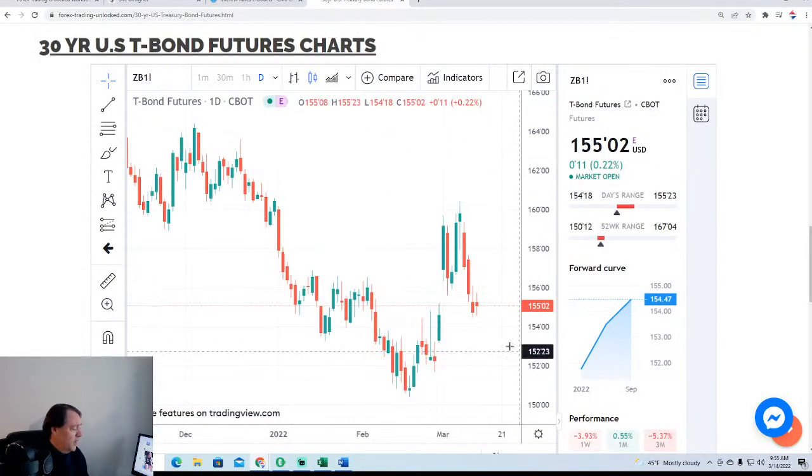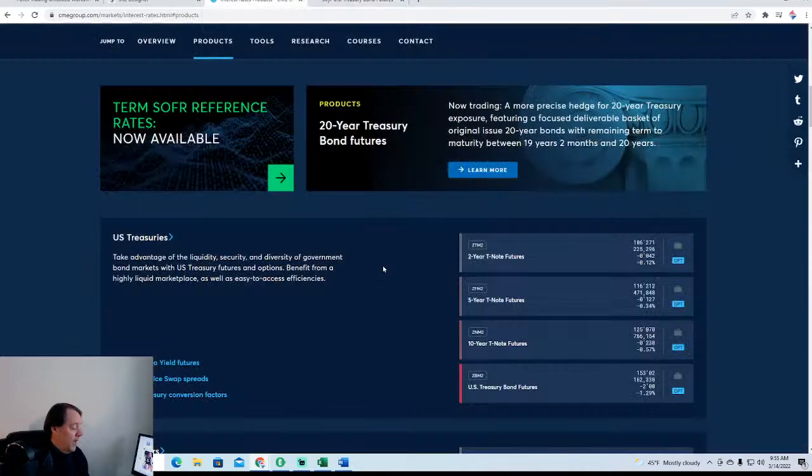Real quickly, if you look at the Treasury bond futures, they settled at 155.02 on Friday. Everything with the futures has to be in a lag, so by law. So now we are on the CME website, and we see that the U.S. Treasury bond futures are now trading at 153.02. Why is this significant?